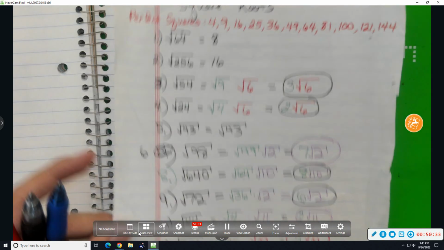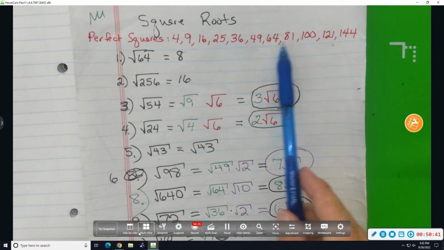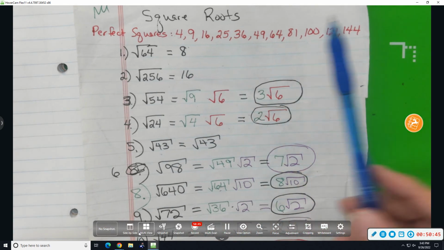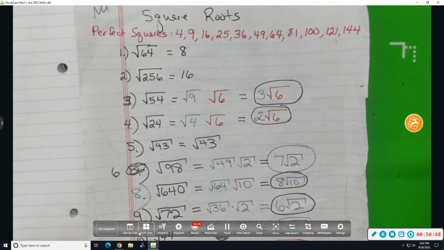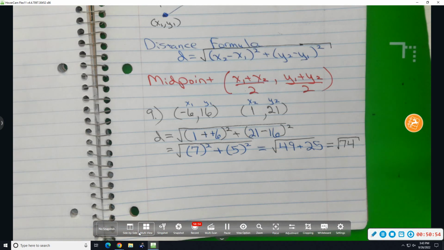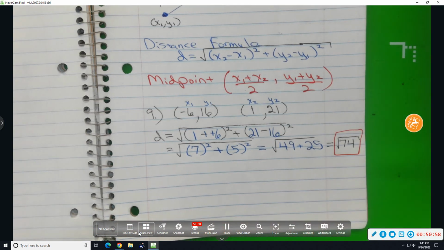Now, it's a while since we looked at our little list of perfect squares from the first day of the semester, but is 74 a perfect square? No. And you can try using any of these other numbers to divide evenly. It can't be. You can't reduce the square root of 74. None of these other perfect squares divide in evenly. Our final answer is just going to be left as the square root of 74.